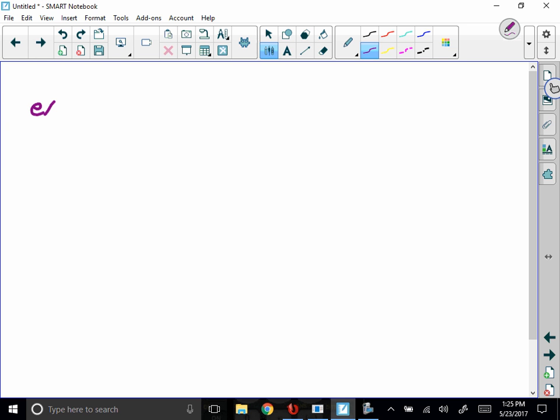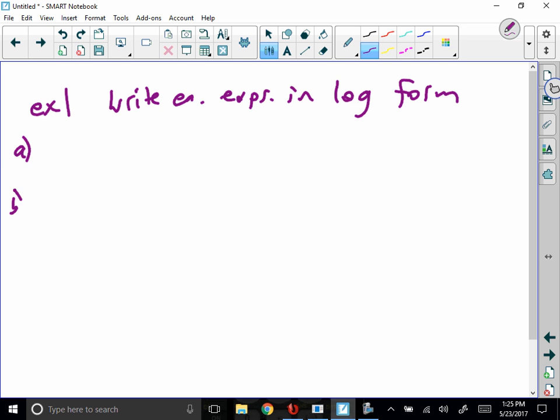So here we go. Example 1. Write each expression in log form. If you did the Math Excel homework, you know that you got to do this.